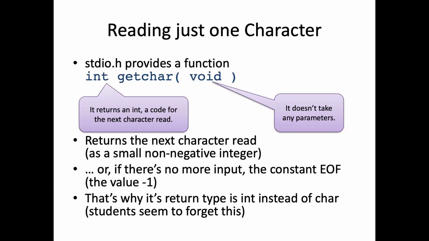That's why this function returns type int rather than char. We've got a perfectly good char type in C, but this function returns int instead so that it has enough different values to return the legal code for every character, plus one extra value to indicate there wasn't any more input.